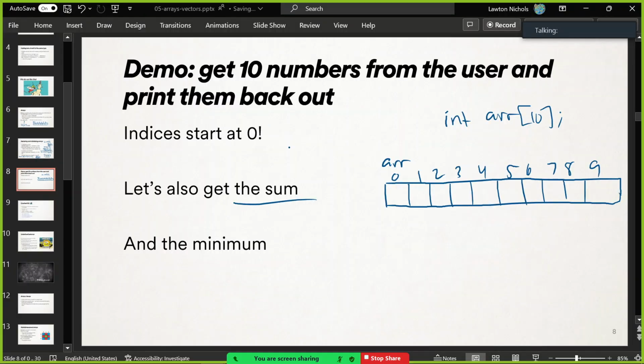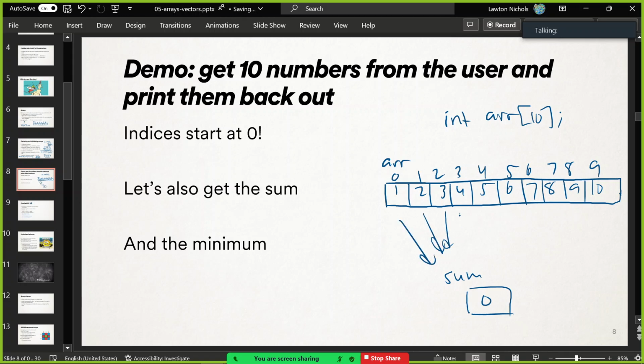Let's get the sum of all the values that were given to us. So if this was 1, 2, 3, 4, 5, 6, 7, 8, 9, 10, let's make a sum variable that starts at 0 and shove them all in there. So sum equals 0.